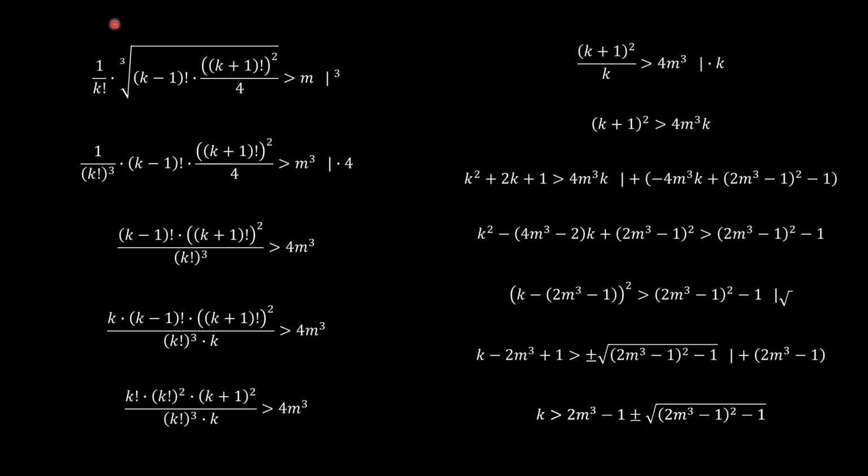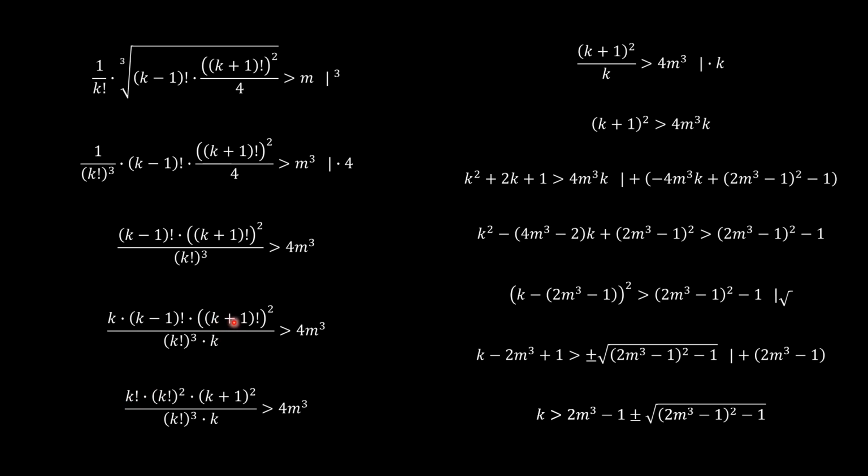Here's our inequality. We can cube both sides to get rid of this cube root, and then we multiply it by 4 to get rid of this fraction. Now we put everything under one big fraction like so, and multiply the top and the bottom of this fraction here by k, so that k times k minus 1 factorial can be written as just k factorial.